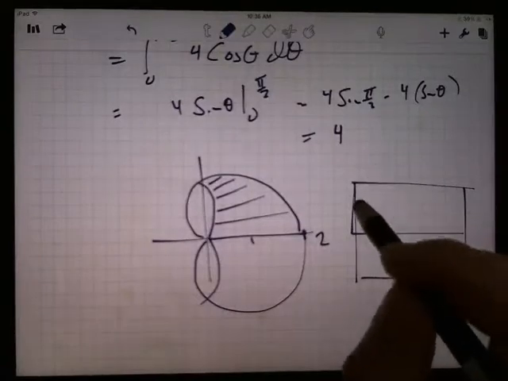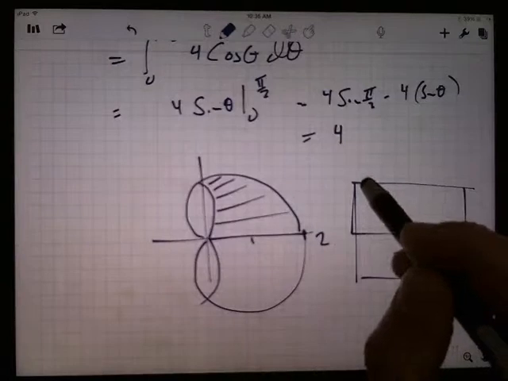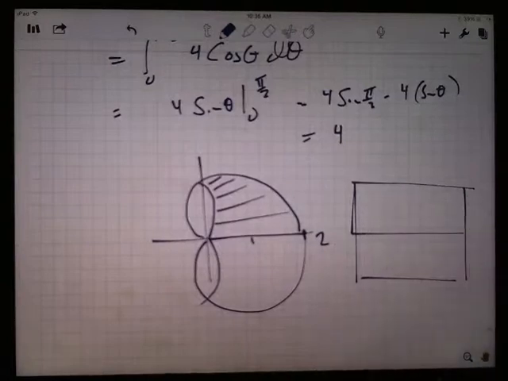So apparently, whatever, it's feasible to me that it could be 4. Anyway, an interesting calculation using a polar double integral to calculate area.